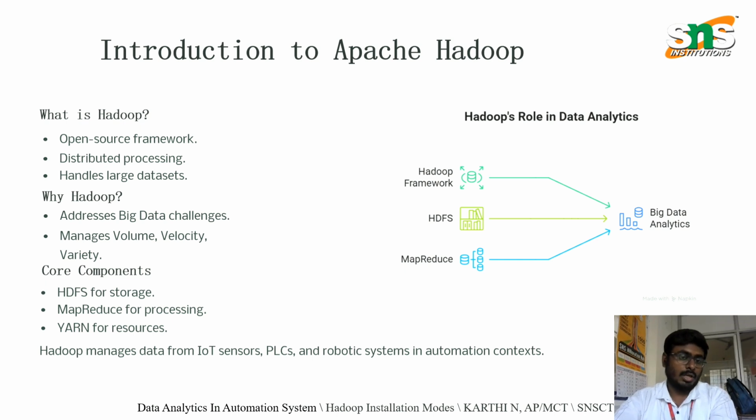And why are we using Hadoop? It addresses big data challenges through the MapReduce programming model and manages huge volumes of data, along with the characteristics of big data like volume, velocity, veracity, value, and so on. The major components in Hadoop are HDFS for storage, MapReduce for processing, and YARN for resources useful for data analytics.